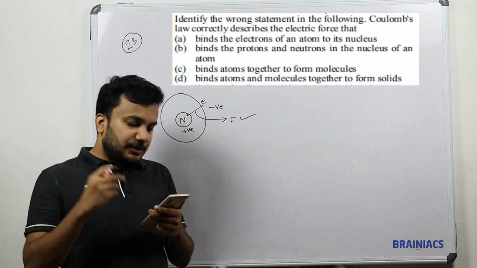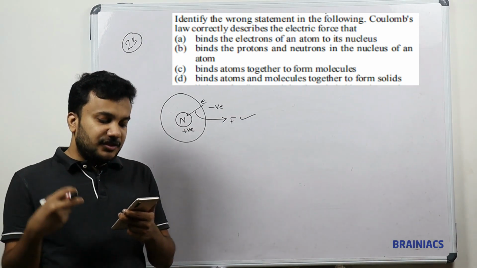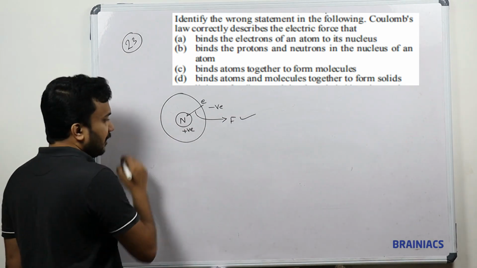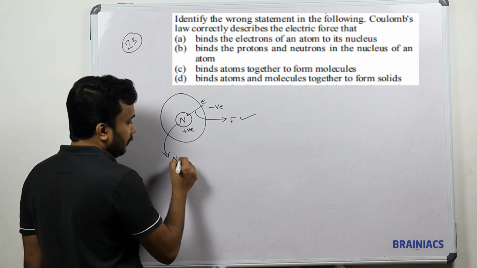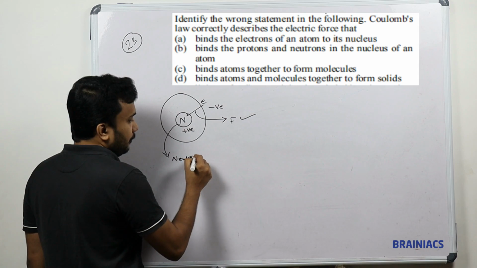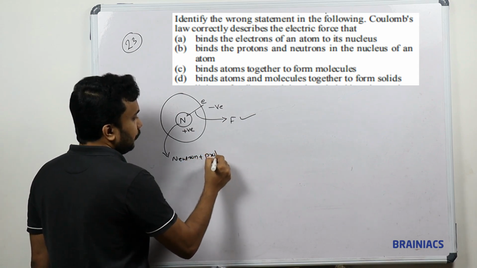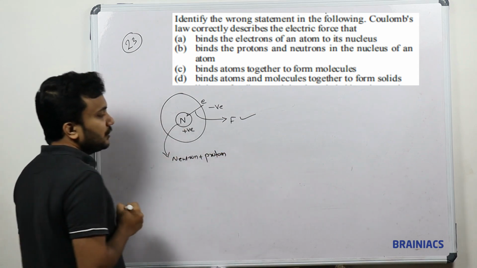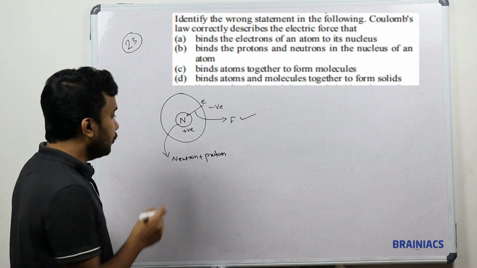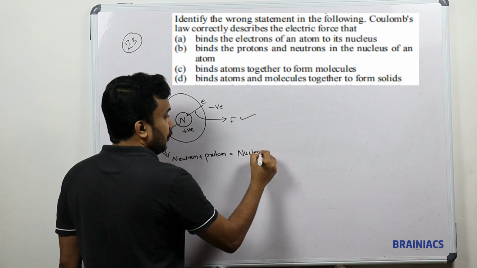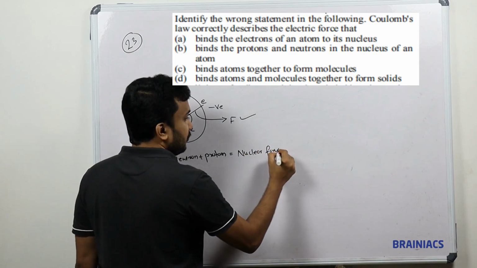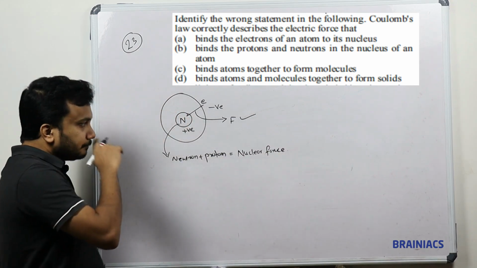Second one, binds the protons and neutrons in the nucleus of an atom. The nucleus contains neutrons plus protons. There is one force which is called nuclear force. Nuclear force is actually binding the neutrons and protons within the nucleus.